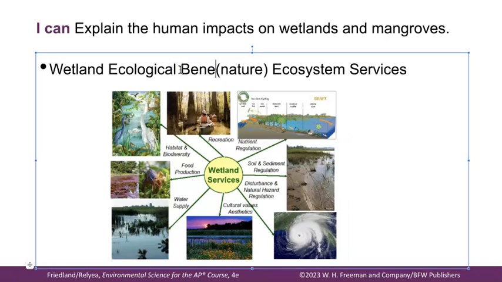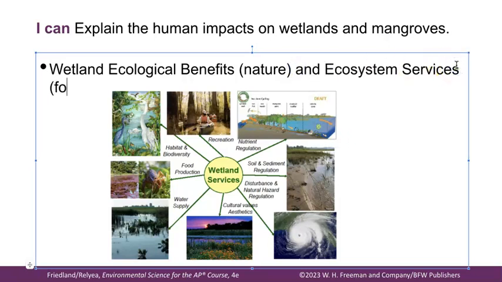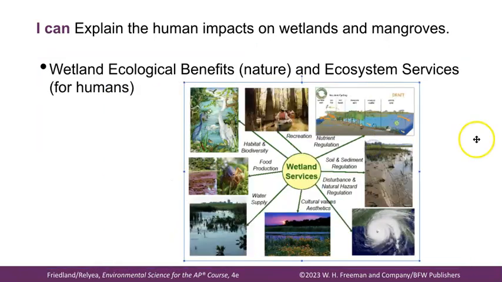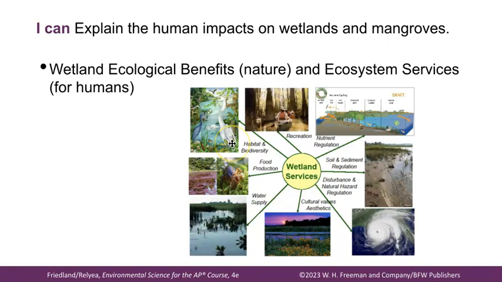Ecological benefits are for nature, and ecosystem services are for humans. And so on this list, you can see that some of these things are for nature, like habitat and biodiversity are considered ecological benefits. Recreation would be an ecosystem service. And so some of these, again, looks like most of them are ecosystem services. Looks like habitat and biodiversity is really an ecological benefit, not for humans directly.